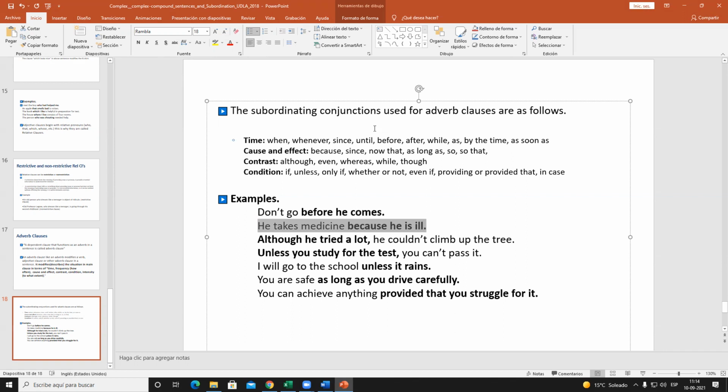You are safe, problema. Porque ahí la subordinating conjunction es as long as. Última, problema. Porque la subordinating conjunction es provided that. Cuidado con las subordinating conjunctions. El listado está arriba en ese lugar.